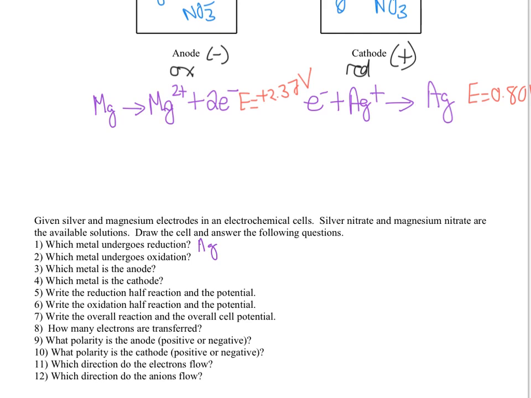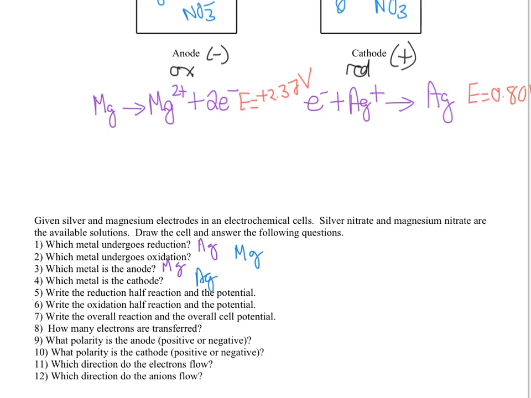Which metal undergoes oxidation? That would be your magnesium. Number 3 says, which metal is the anode? We said that would be the magnesium. And which metal is the cathode? We said that would be the silver from the picture above.